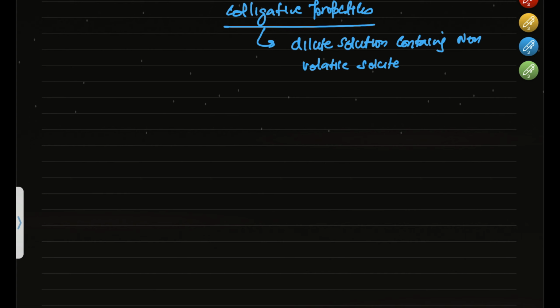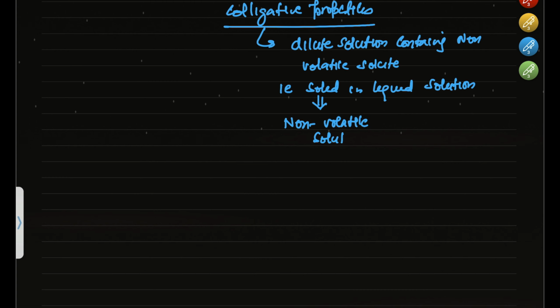Here, this is called a solid in liquid solution. Here the solid is the non-volatile solute, and the liquid is the volatile solvent.